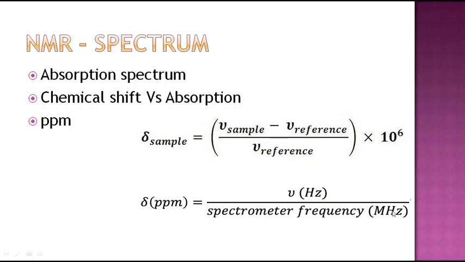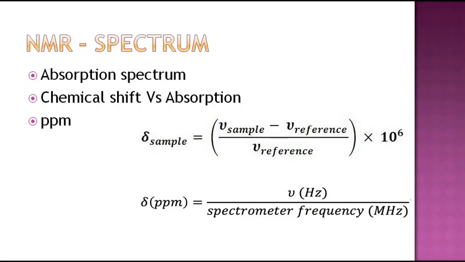Then you can get an NMR spectrum that can be studied by everybody, even if you measure the spectrum using a different instrument. That's why these two formulas are used: to make all the spectra common and uniform, even if they are recorded on different instruments.